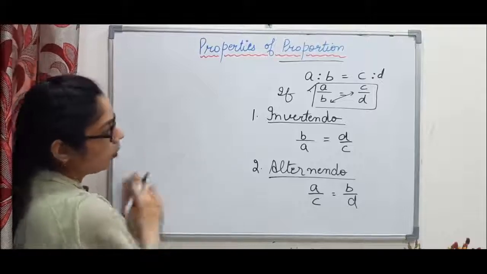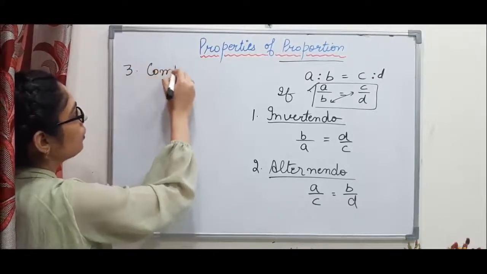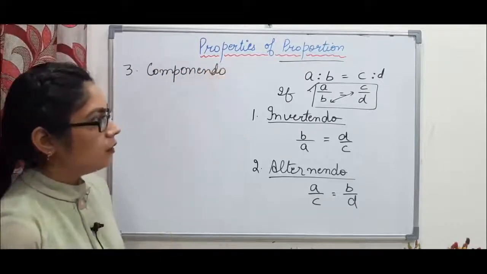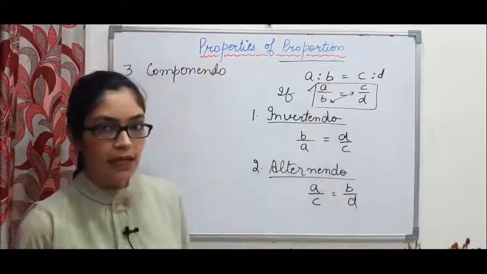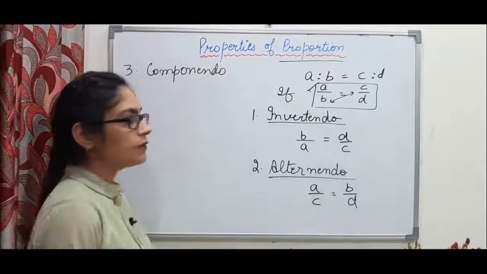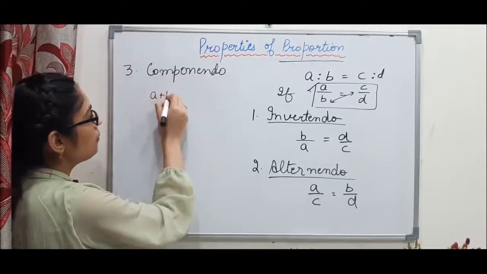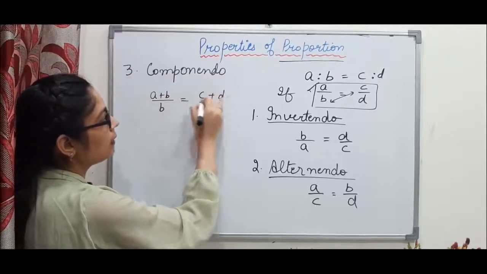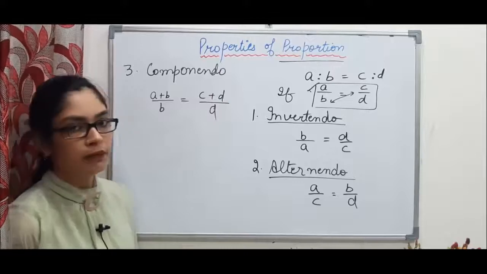Third property is componendo. In componendo also this is given. If A by B is equal to C by D, then A plus B by B will be equal to C plus D by D. Now the same example I will take.